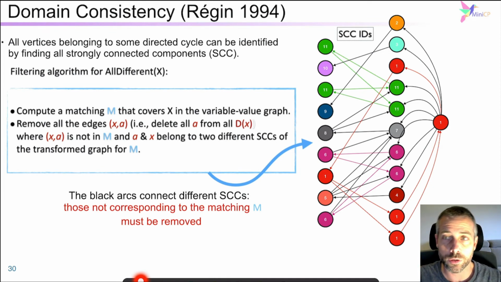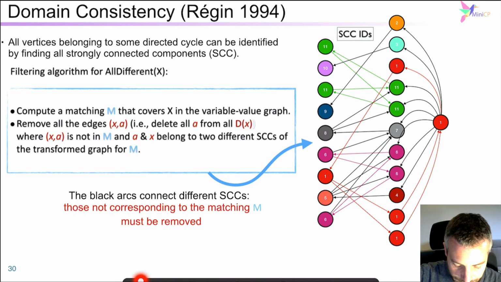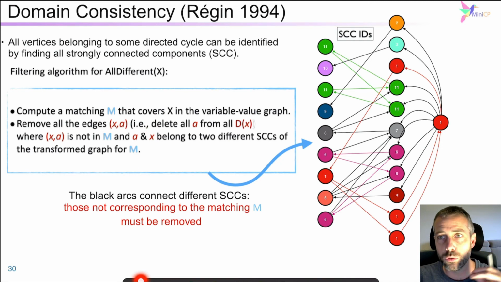Since we have used the transform graph and Berge's theorem, it means that we can safely remove A from the domain of X if this edge does not belong to the maximum matching, and A and X belong to two different strongly connected components in the transform graph. If that's the case, it means that this edge does not belong to a valid alternating cycle. According to Berge's theorem, this edge does not belong to some maximum matching, and consequently we can remove A from the domain of X.